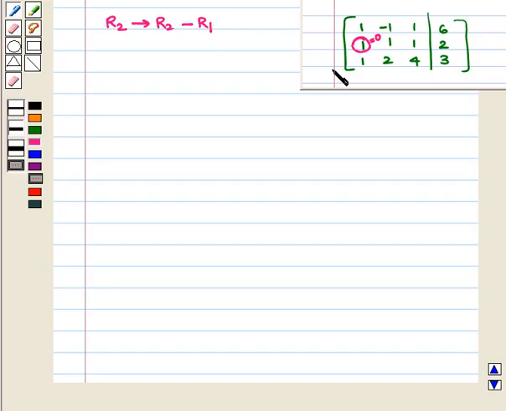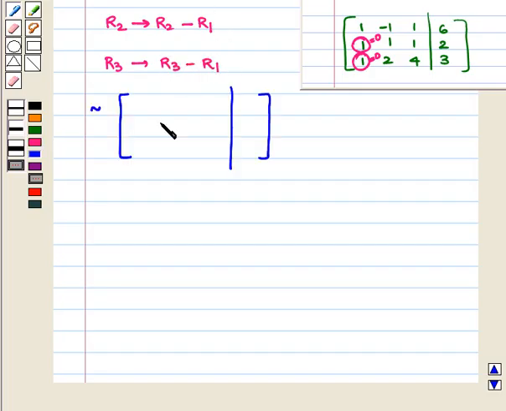Also in the third row, we have 1 in column 1. We have to make it 0. For this, we subtract row 1 from row 3. So the operation is R3 goes to R3 minus R1.